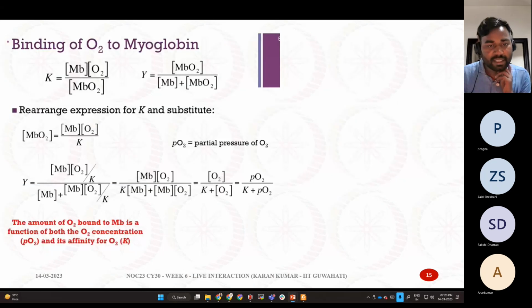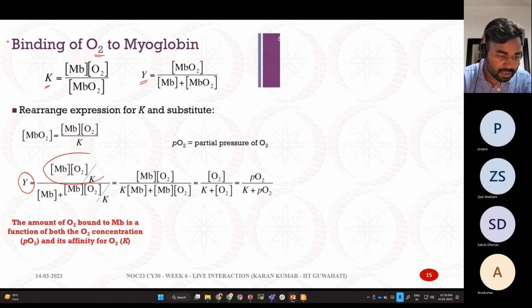Now, this is the equation for the binding kinetics of oxygen to myoglobin. This is the KD: myoglobin times the partial pressure of oxygen divided by the bound state. The fractional saturation is the bound state divided by myoglobin concentration plus KD value.